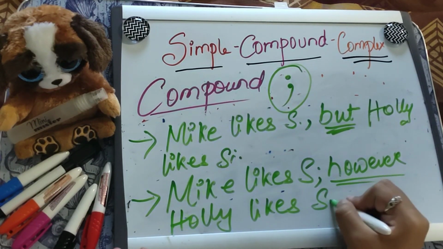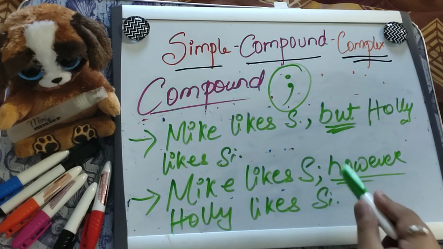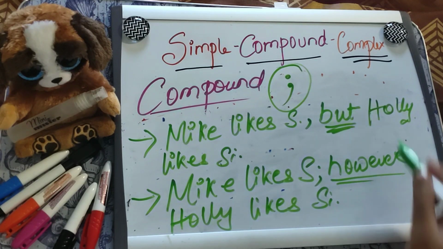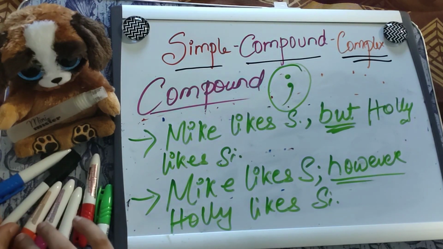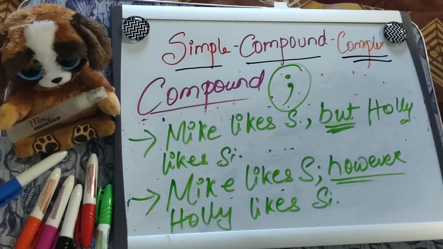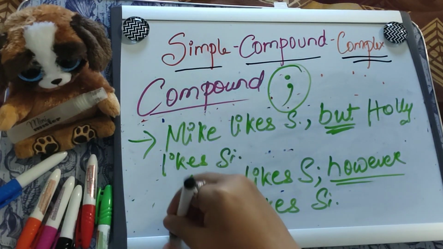Here we are using a conjunctive adverb to make a compound sentence. These sentences individually make sense too. Mike likes swimming, it individually makes sense. Holly likes singing, it individually makes sense. So we now know how to create a compound sentence in so many different ways. And now let's try with the semicolon structure.